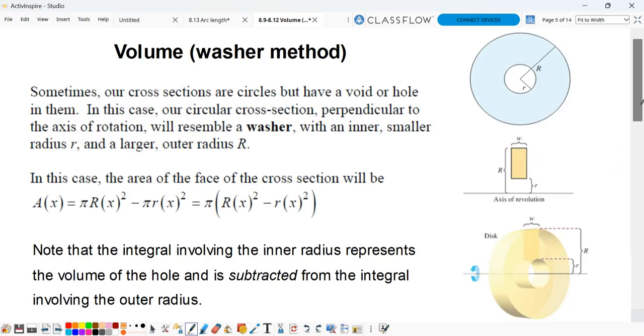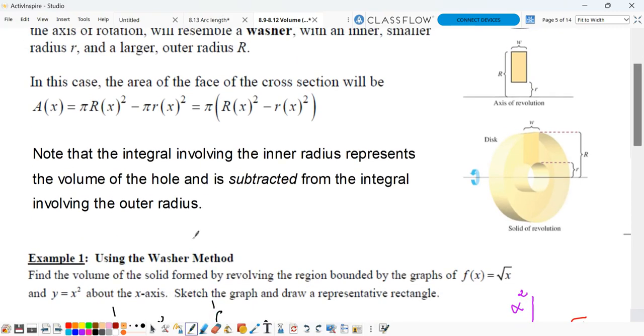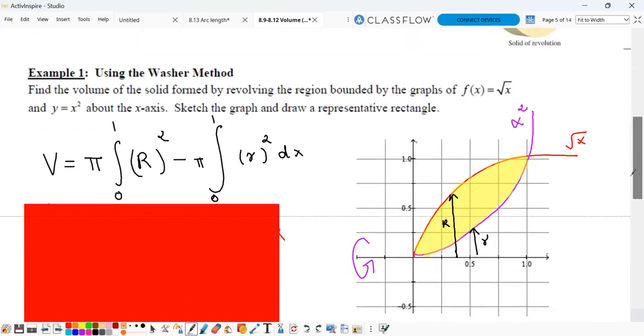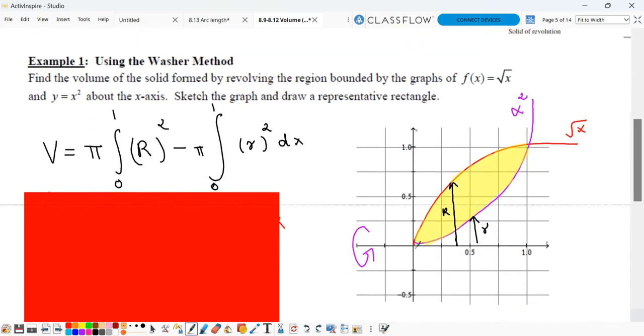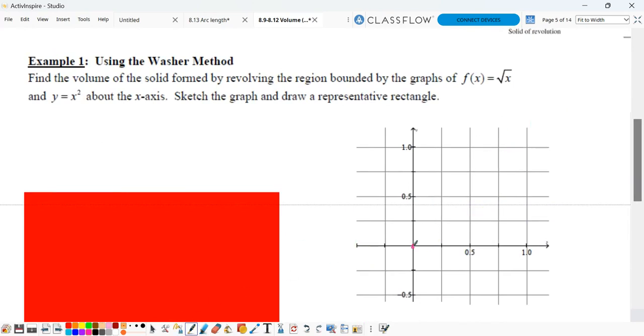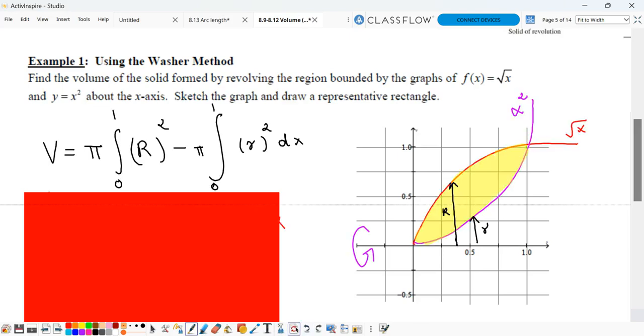So we are going to look at some examples using the washer method. Find the volume of the solid formed by revolving the region between square root x and x squared. Let's sketch the graph first, how square root x and x squared look. Both pass through 0 and 1, the parabola goes up, and the square root curve is above it, and you can clearly see they intersect at 1.